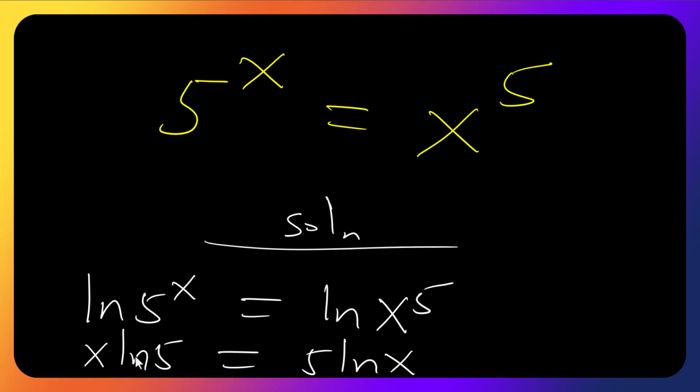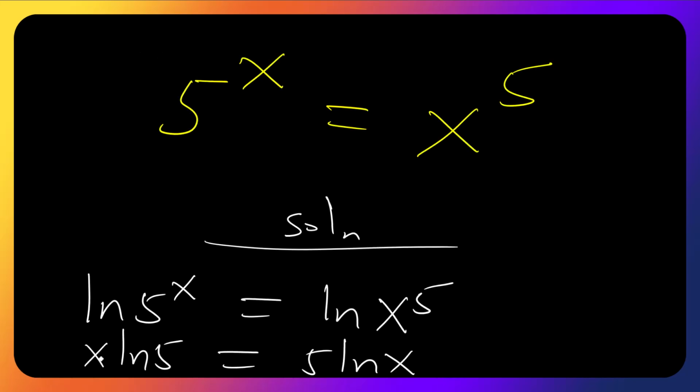Let's group the x terms on one side and those without x on the other. So this side, ln of 5 equals, if I divide both sides by x, the x will go to the right, and divide both sides by 5, then 5 will come to the left.